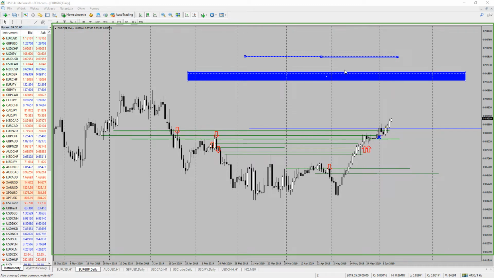Then green, so we probably know that we are talking about the daily, right? So if there is a green color, it represents a daily chart.